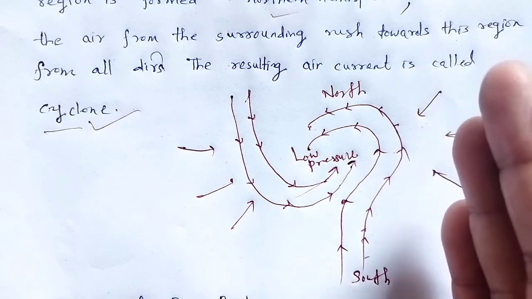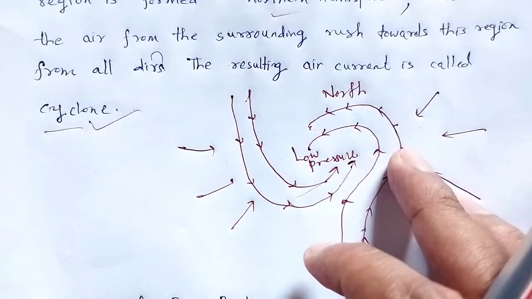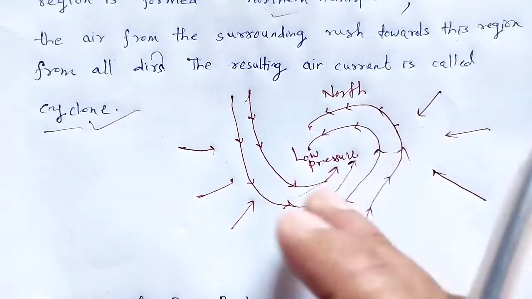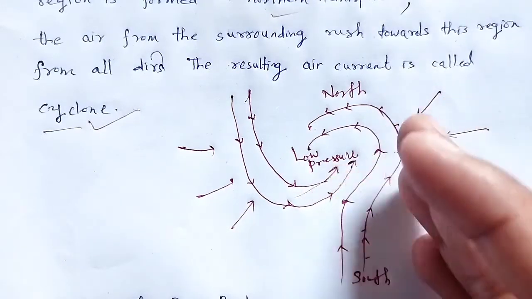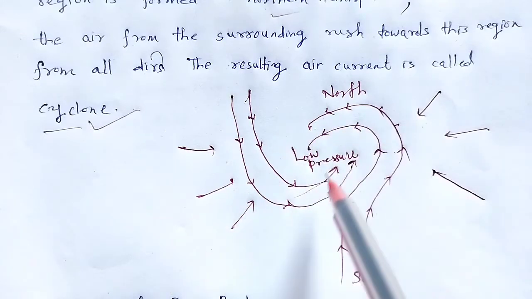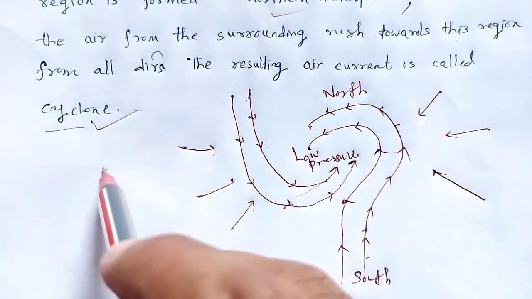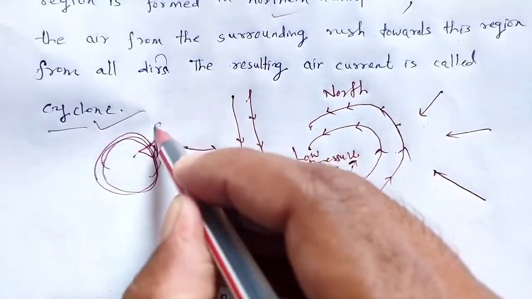On the other hand, the direction of rotation of the cyclone will be clockwise. The low pressure circulation is anti-clockwise, but overall the direction of the cyclone is clockwise. This is the direction of the cyclone.